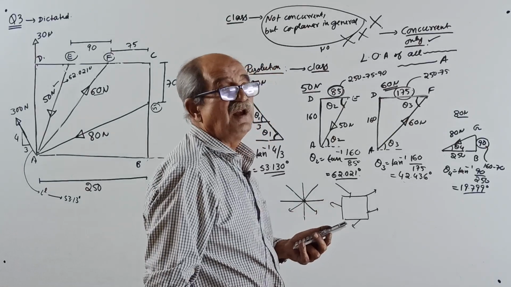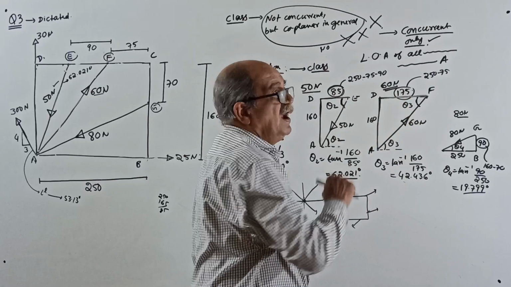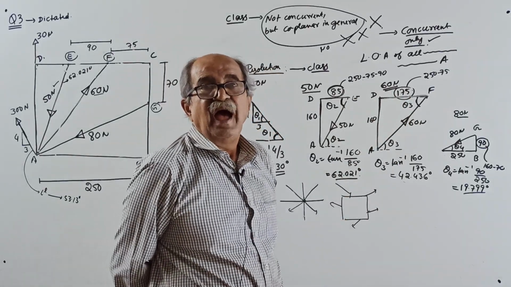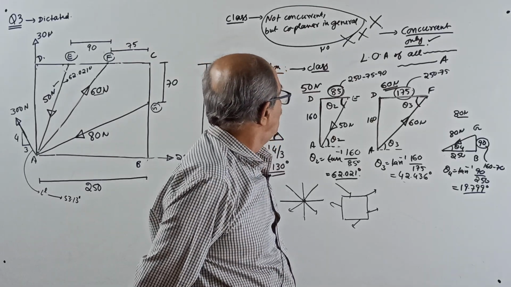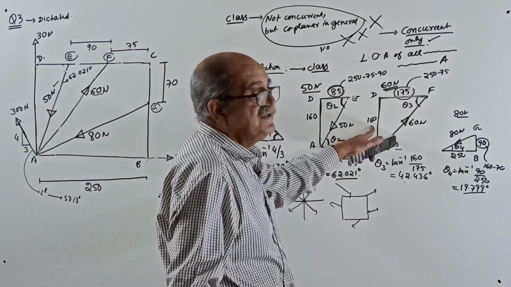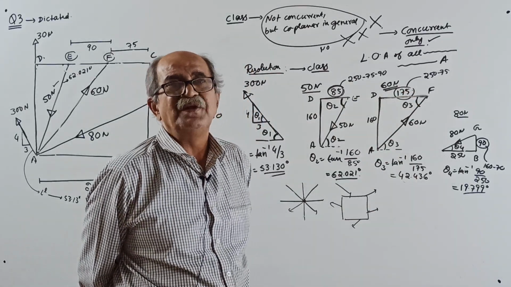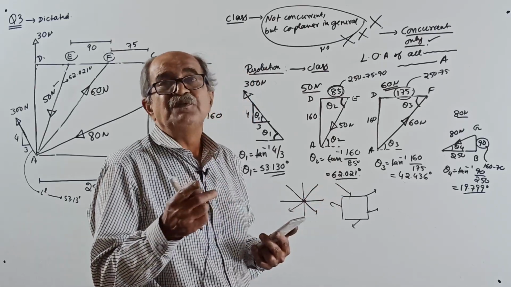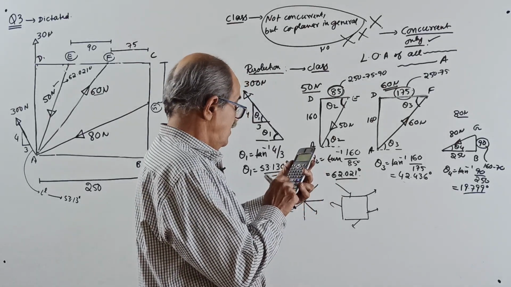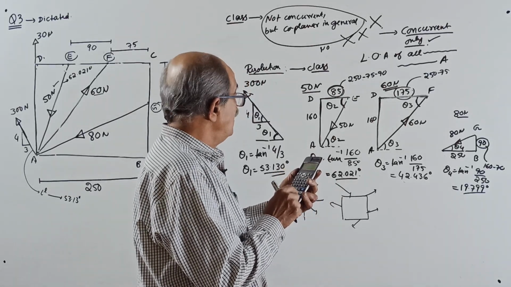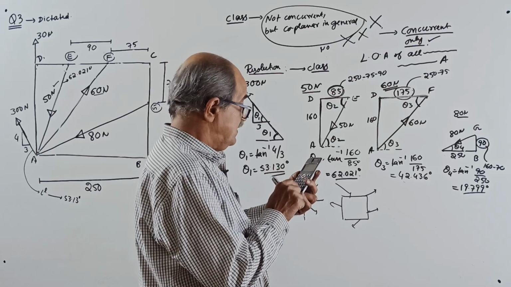I got 50-something, which is not possible, because when vertical is lesser and horizontal is more, surely the angle is less than 45 degrees. Common sense. Vertical is 160, correct? I think I made a mistake there. See, 160 divided by 175, shift tan inverse answer.